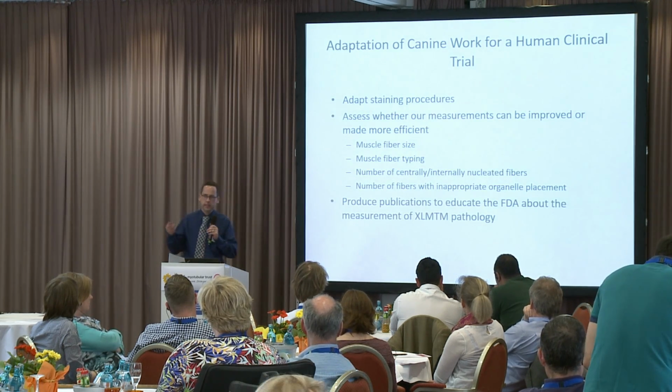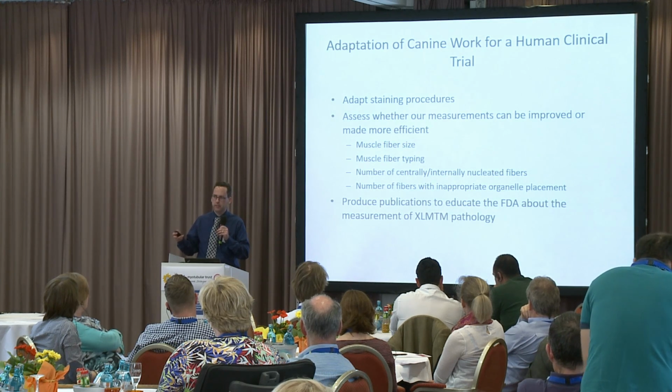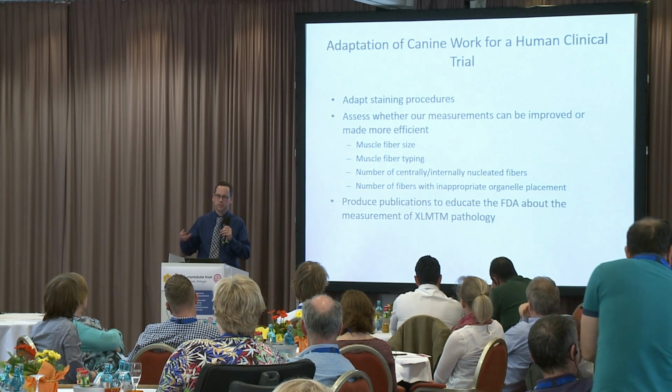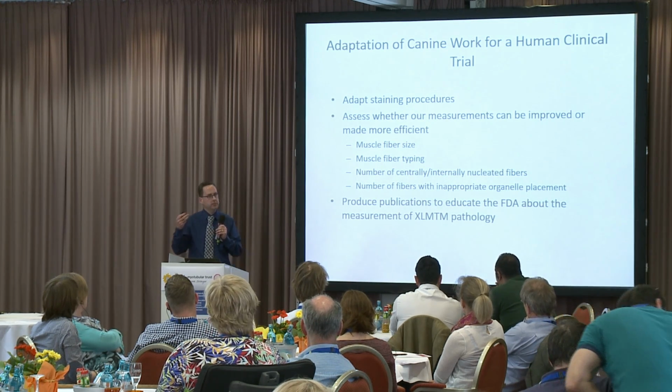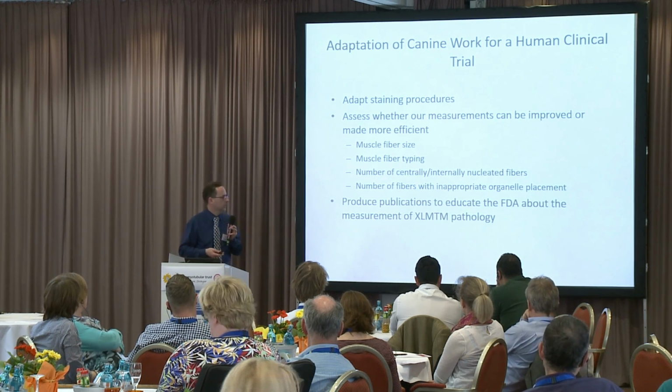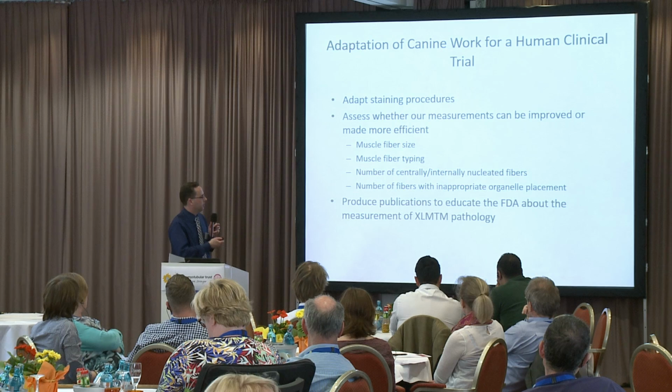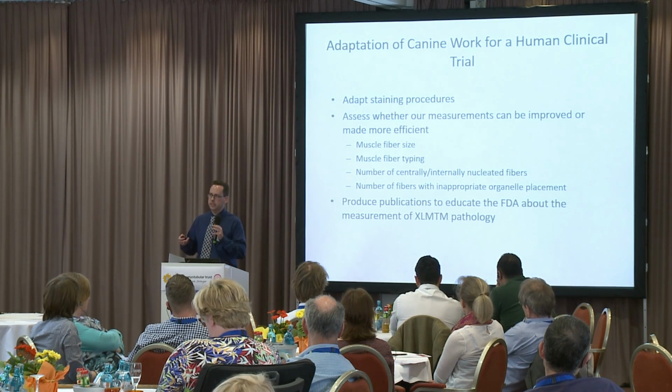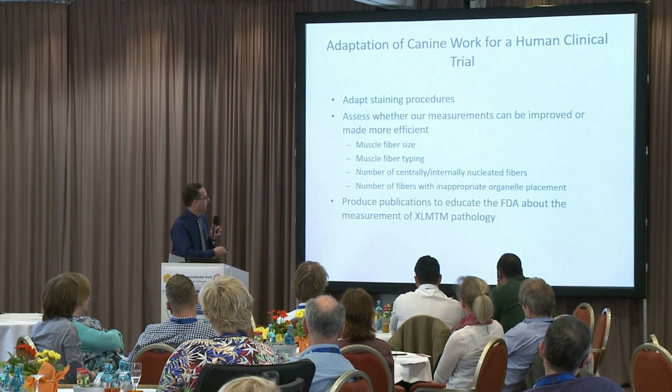Now, in taking this kind of expectation of a pathological finding to the human clinical trial stage, we just need to make sure that the same staining preparations work, some of which did and some of which didn't, and also that we are prepared to collect data in a way that the FDA will appreciate.